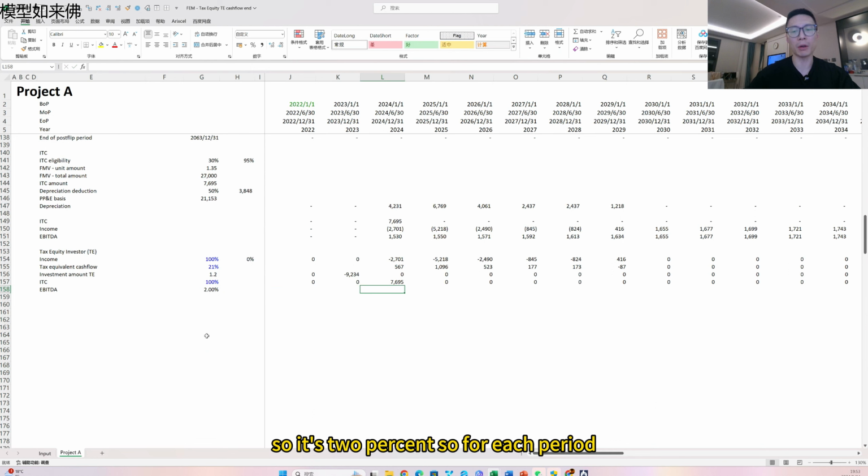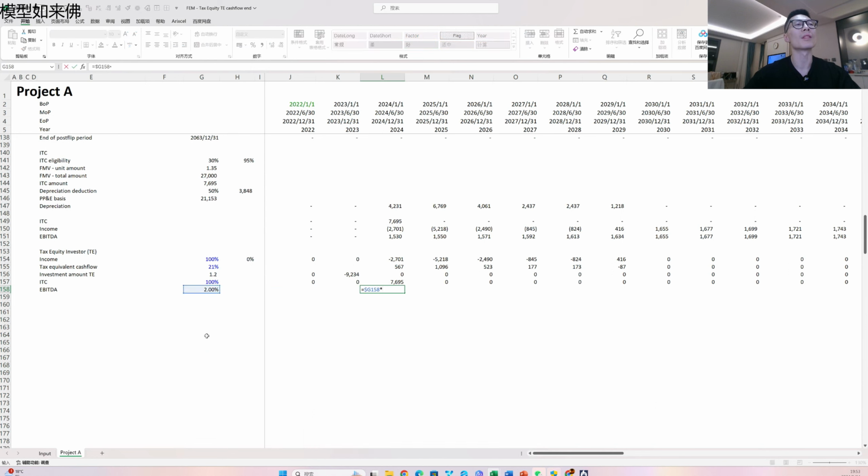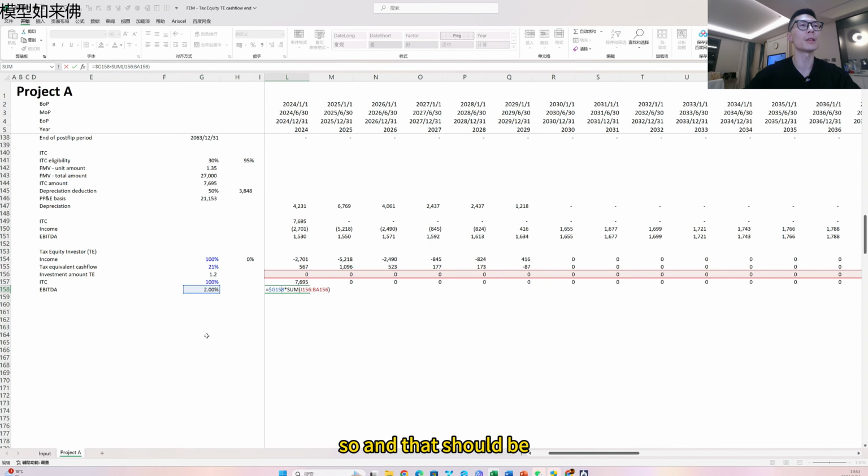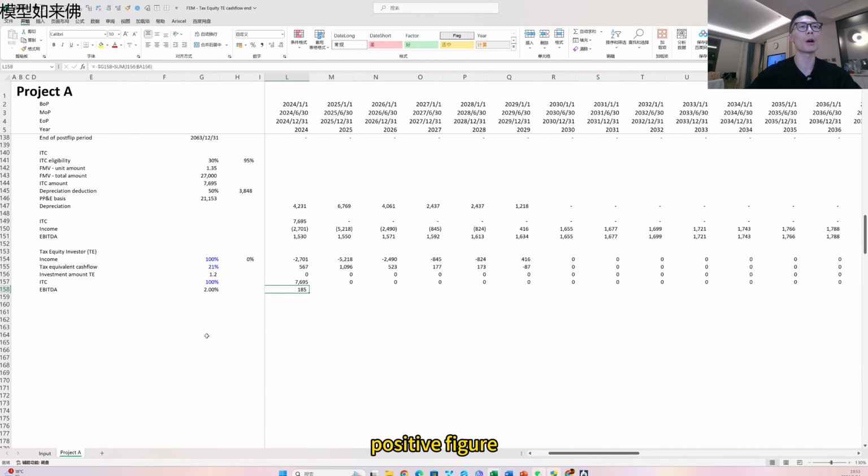So for each period, you're going to receive 2% cash flow based on your equity investment. Maybe I should use that here. And that should be a positive figure.